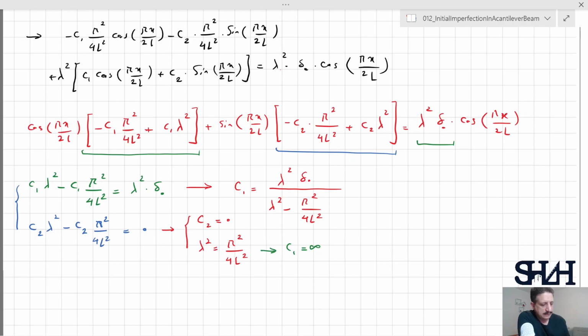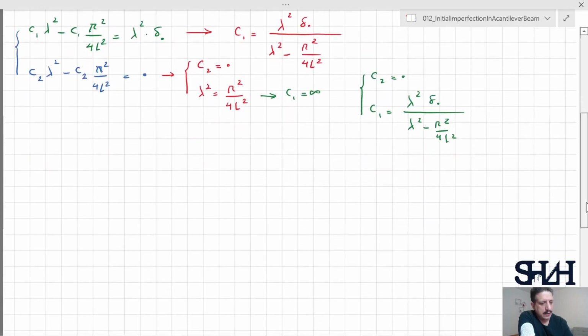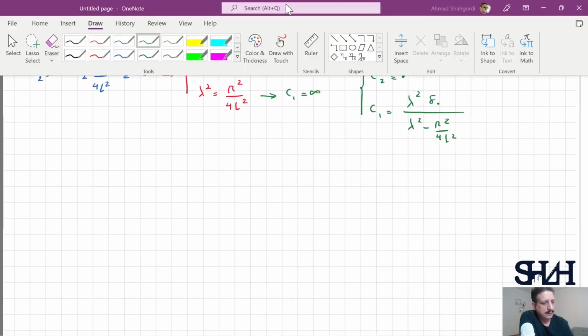So as a result, c2 will be 0 and c1 will be lambda square delta 0 divided by lambda square minus pi square divided by 4L square. Now I can rewrite the particular solution for this part.